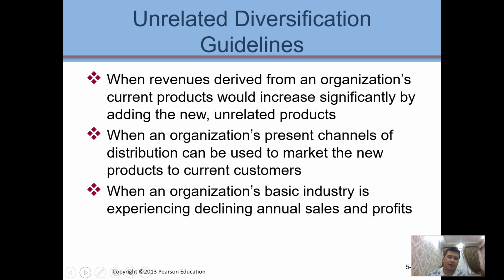So what are the unrelated diversification guidelines? They are when revenues derived from an organization's current products would increase significantly by adding new unrelated products. When an organization's present channels of distribution can be used to market the new products to current customers. And when an organization's basic industry is experiencing declining annual sales and profits.